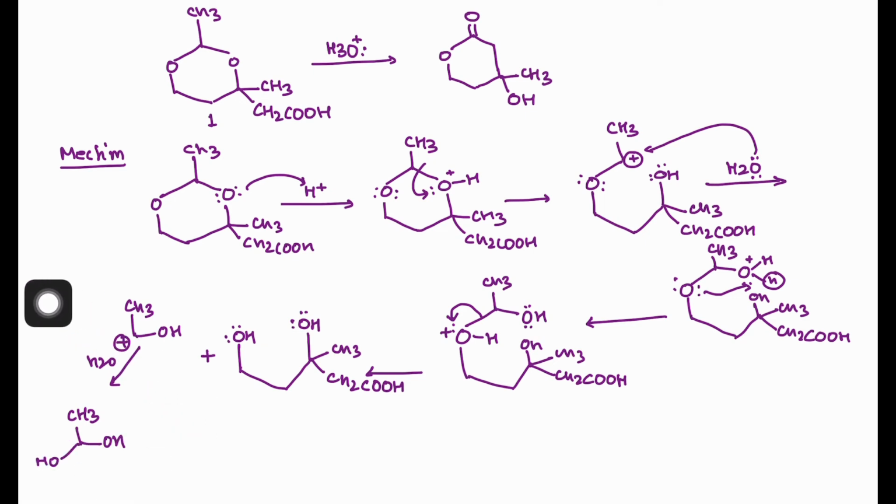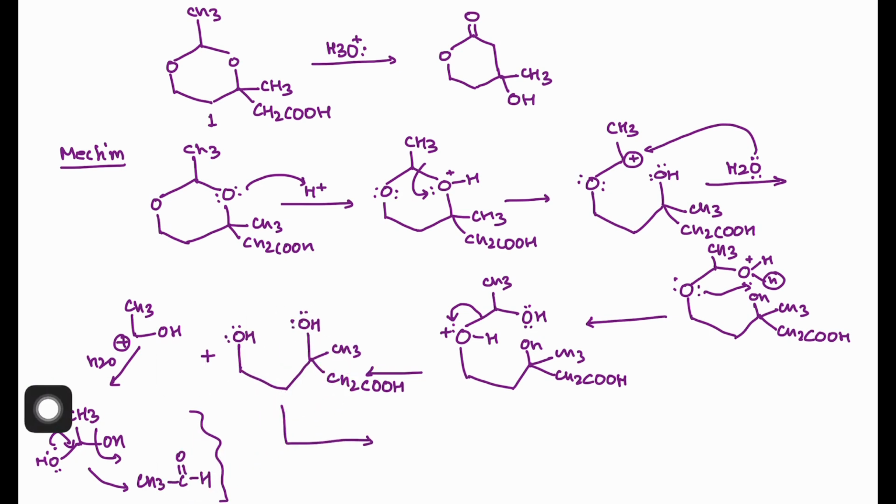Geminal diol, basically, it will form. And which can further release water because gem diol is unstable. So it will release water to form what? CH3CHO, acetaldehyde. So this is the byproduct, basically. We have to focus on the other one.